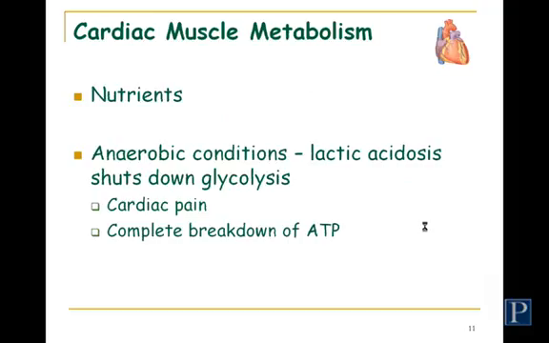Now, if you look at the cardiac muscle, we've already talked about previously in earlier lectures what the cardiac muscle uses to make ATP. So nutrient-wise, it'll use about anything you give it. It likes to use free fatty acids. It'll use ketone bodies. It'll use glucose.